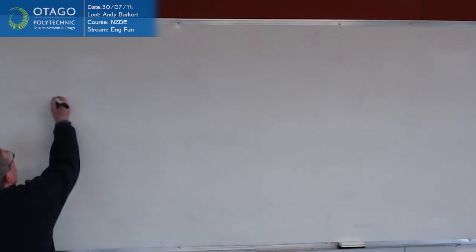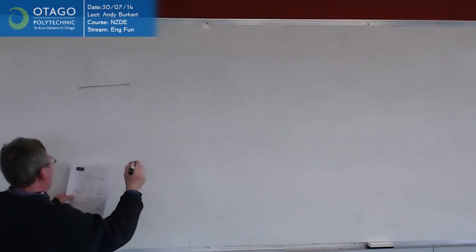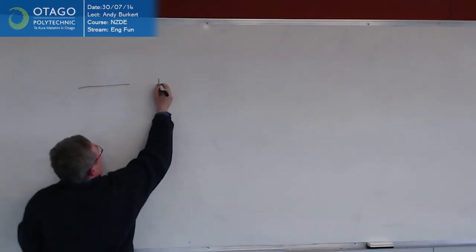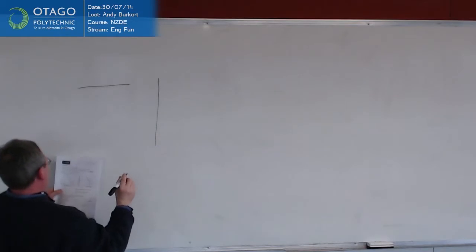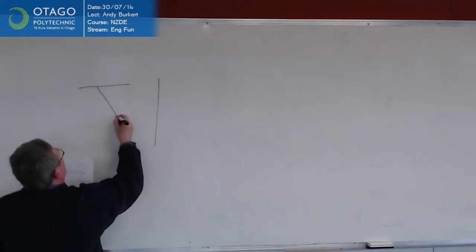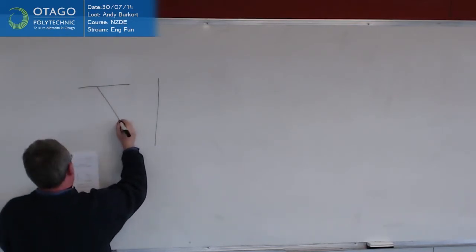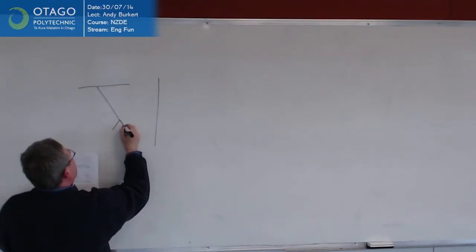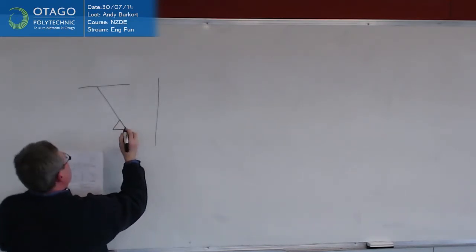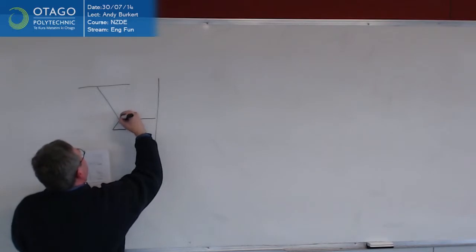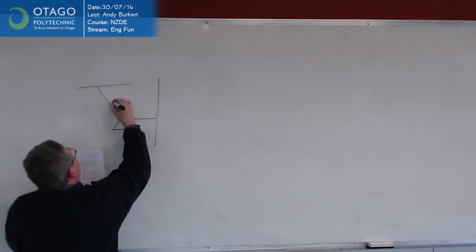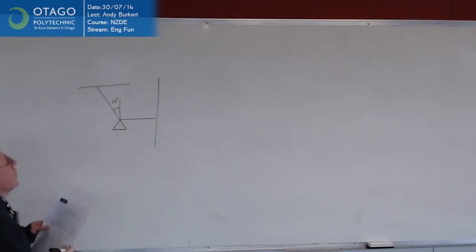So let's have a look at an example where we've got a light fixed to two walls. Here's our diagram. It's not a force diagram yet, it's a space diagram.